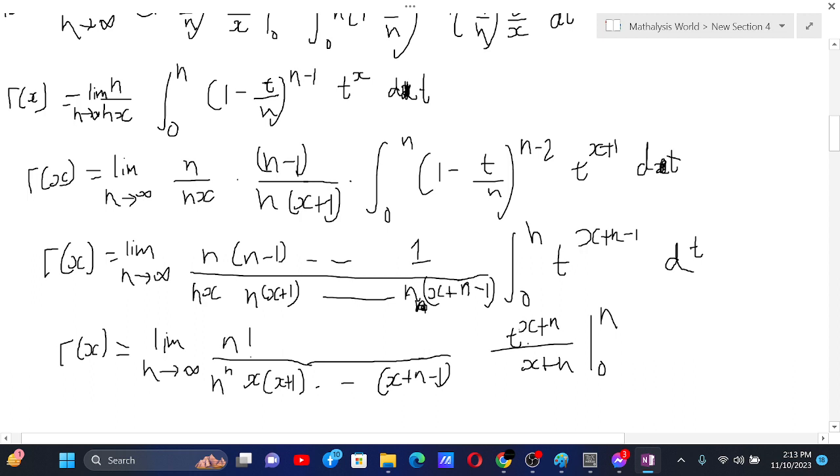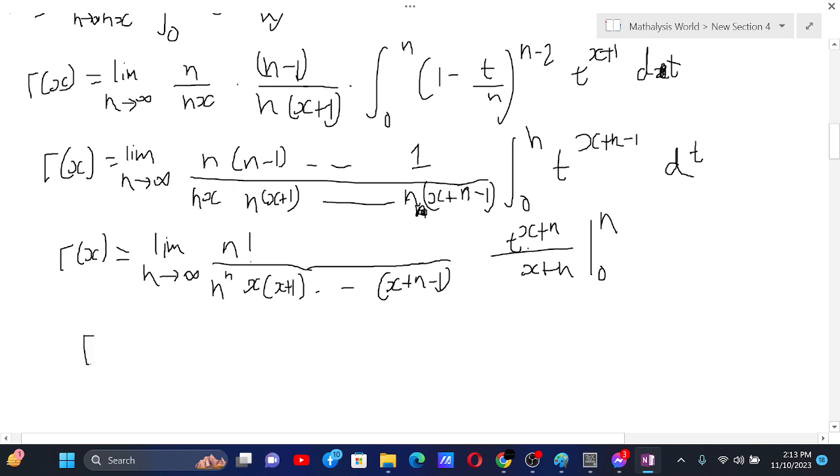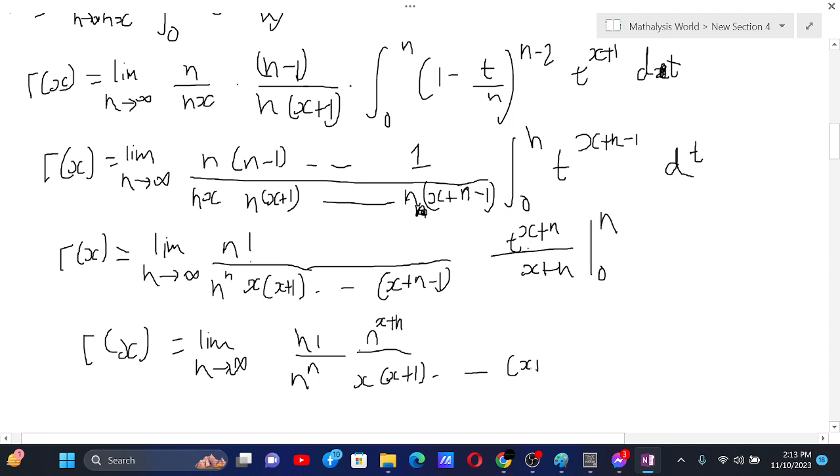So if we evaluate this, we get n to the power x plus n by x plus n minus 0. So we have gamma of x as the limit n tends to infinity of n factorial by n to the power n times n to the power x plus n by x plus 1 up to x plus n.